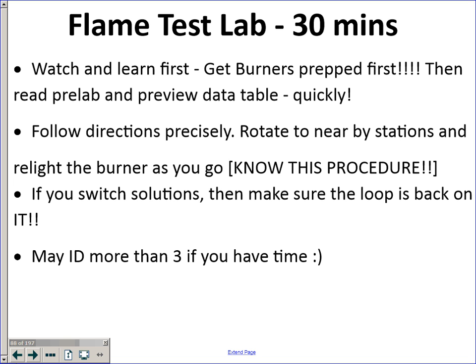Groups of 3, get your goggles on. You guys have 10 seconds to make a choice. Let's go. 10 seconds. There's extra trees back there.